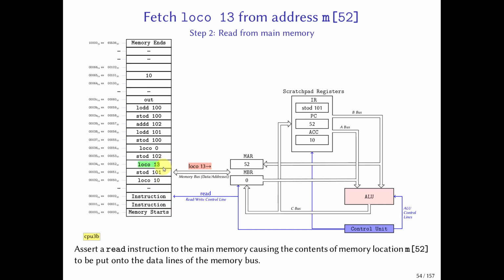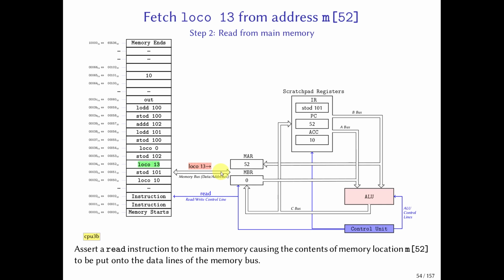The circuitry of the main memory does two things. It reads the value that's in the memory address register, which is 52, and it sees that its instruction is to read. So it goes to cell 52 and gets the contents of cell 52, loco 13, and copies them out so that they get sent over the memory bus and become an input to the CPU.